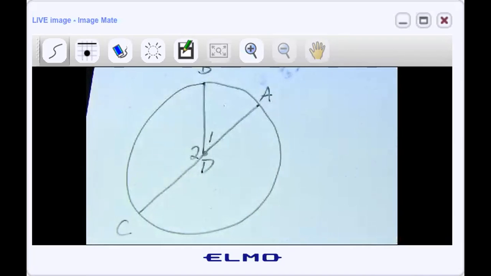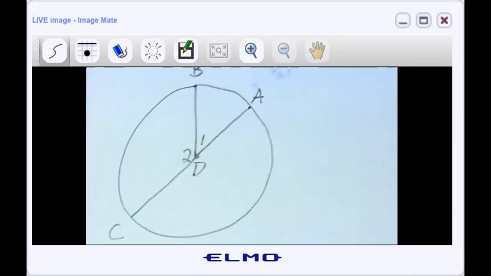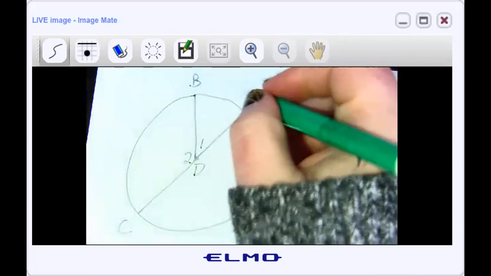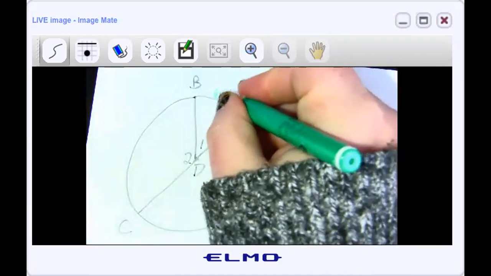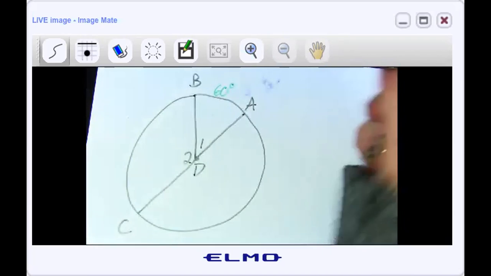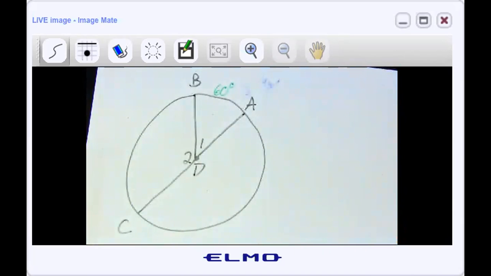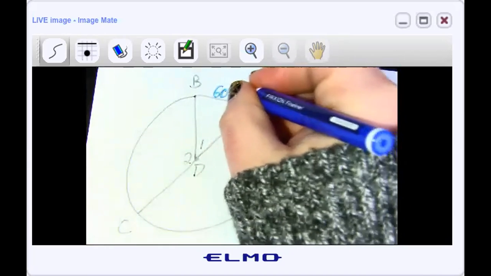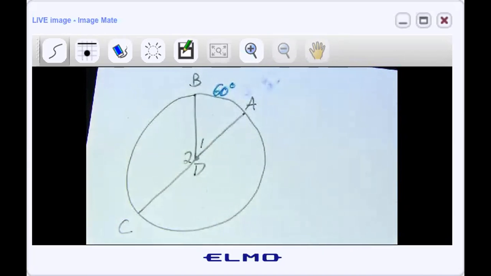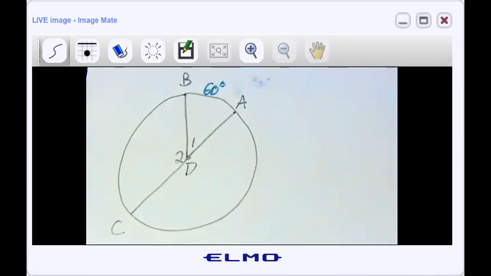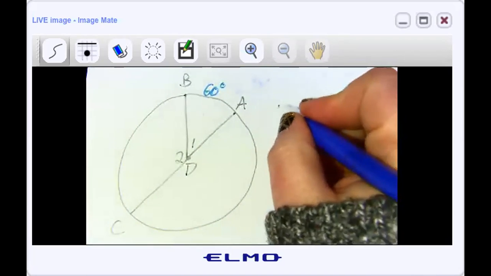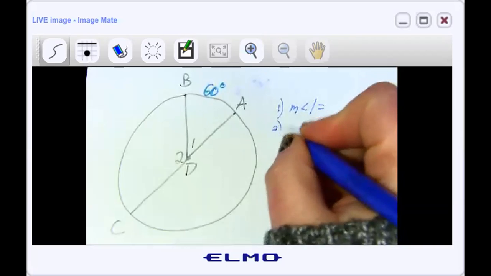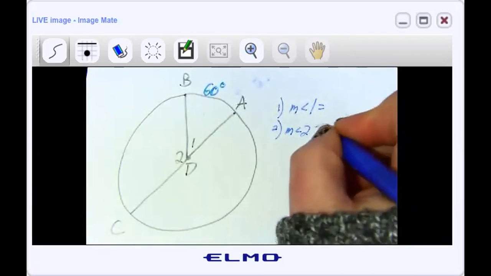Let me zoom out a little bit. If I told you that arc BA was 60 degrees, let me try this marker. The green never shows up very well. Try blue. That's a little bit better. If I told you that arc BA was 60 degrees, can you find for me the following? Find the measure of angle 1. Find the measure of angle 2.